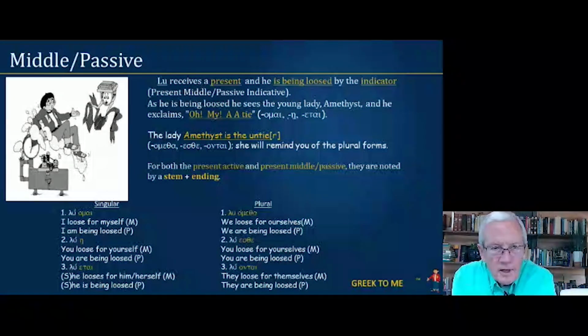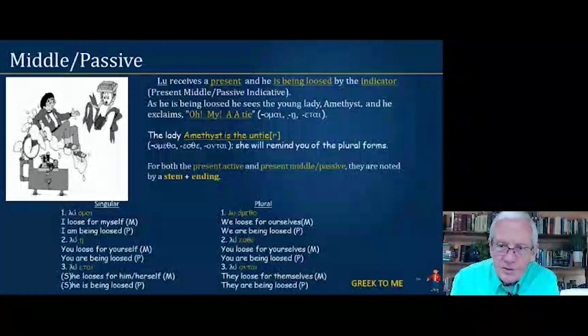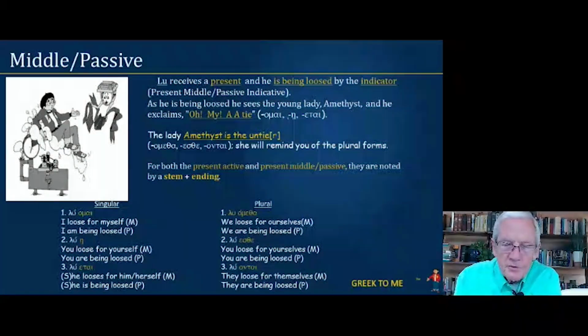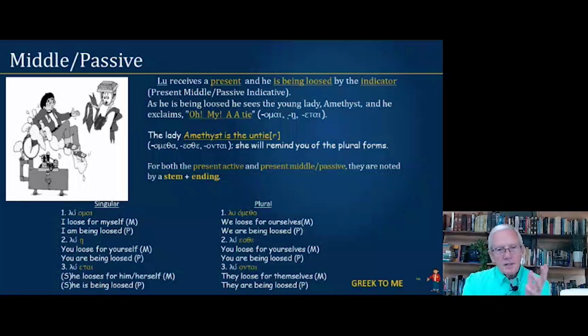And notice here that the lady amethyst is the untier. Now, amethyst is a substitute word for the ending ometha. Esthe is a substitute word for the ending esthe. And untie is a substitute word for the ending ontai.